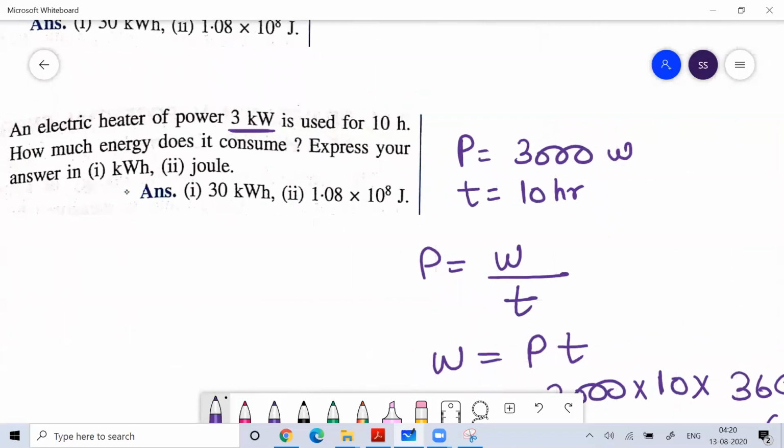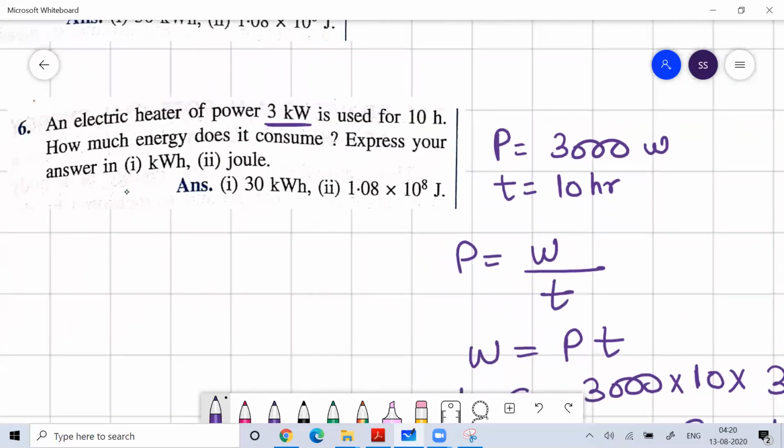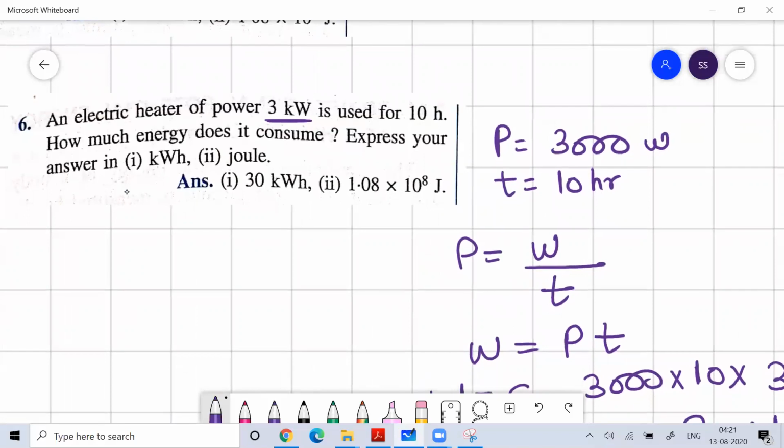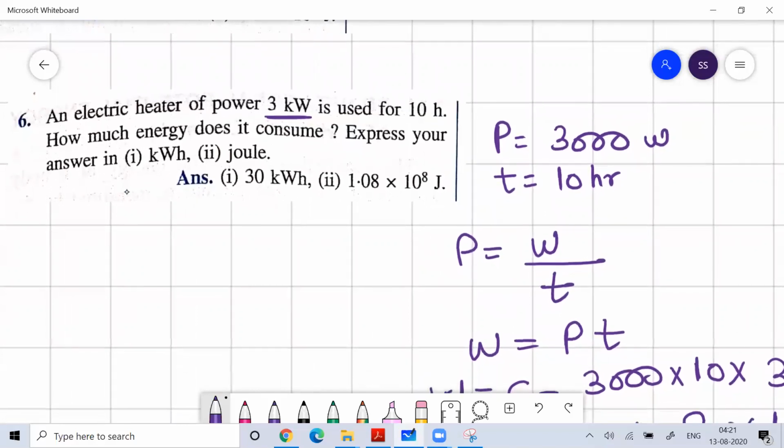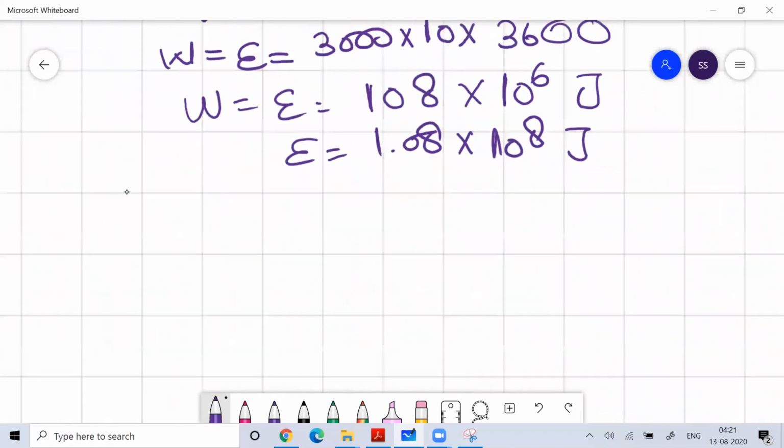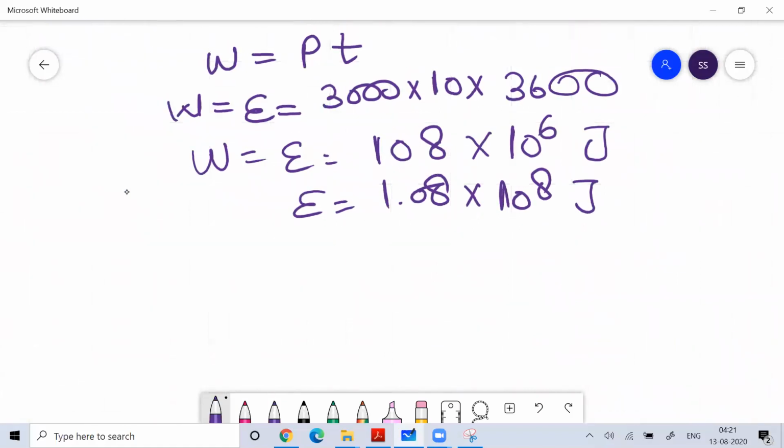Then express your answer in kilowatt hour. If I want the answer in kilowatt hour, you should know 1 kilowatt hour is equal to 3.6 into 10 to the power 6 joule.